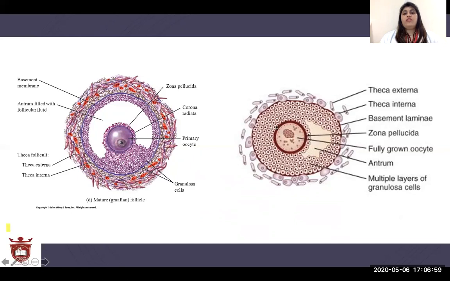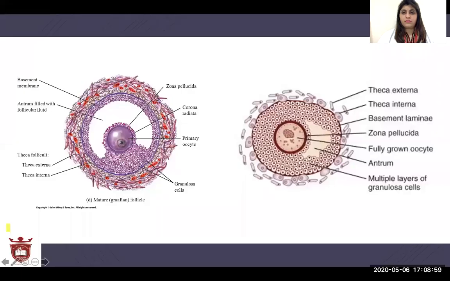Each ovarian follicle consists of primary oocyte, granulosa cells, and theca cells. Theca cells are theca externa and theca interna.